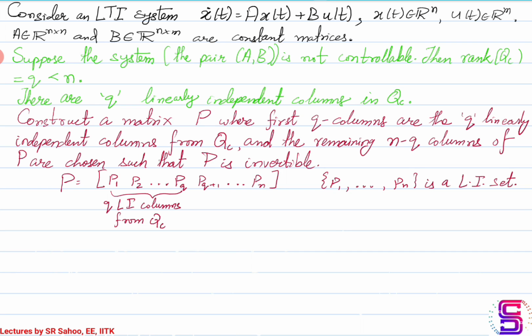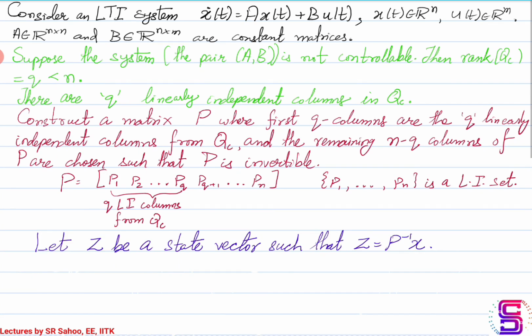So your first q columns are the linearly independent columns from the controllability matrix, and the remaining n minus q columns are chosen such that the entire P matrix is invertible. So the rank of P has to be n.